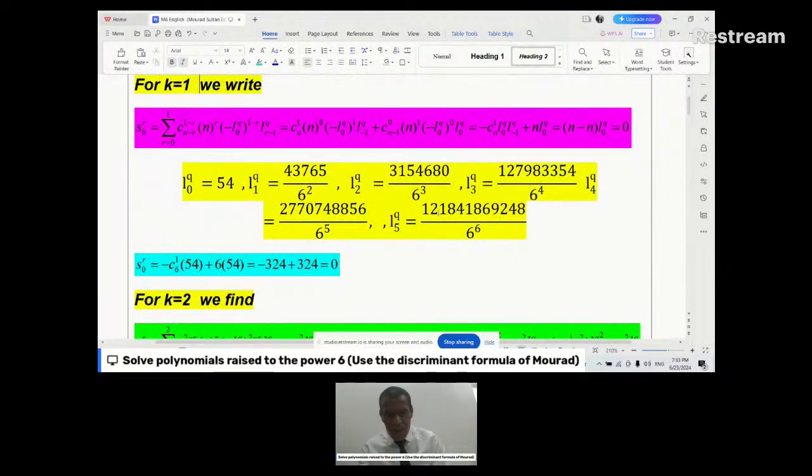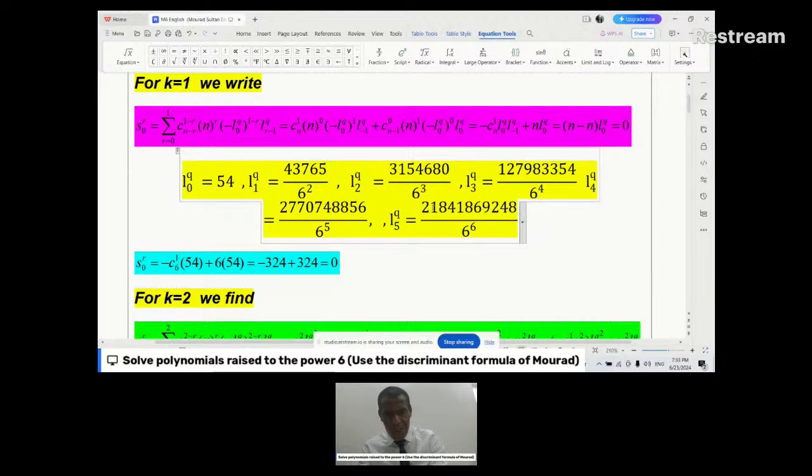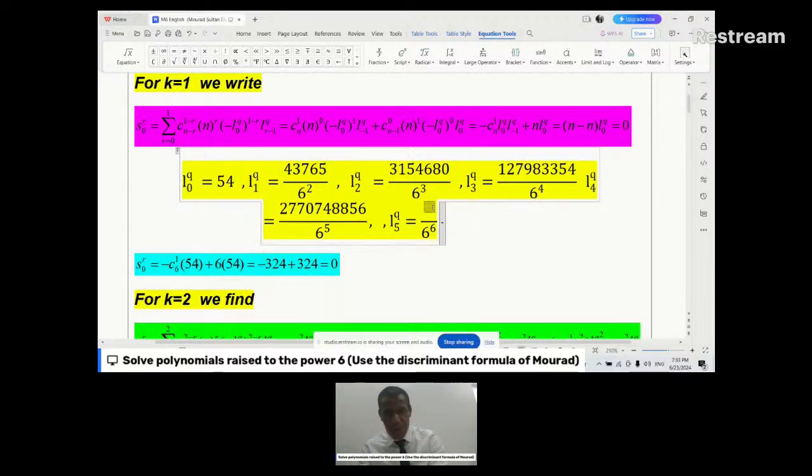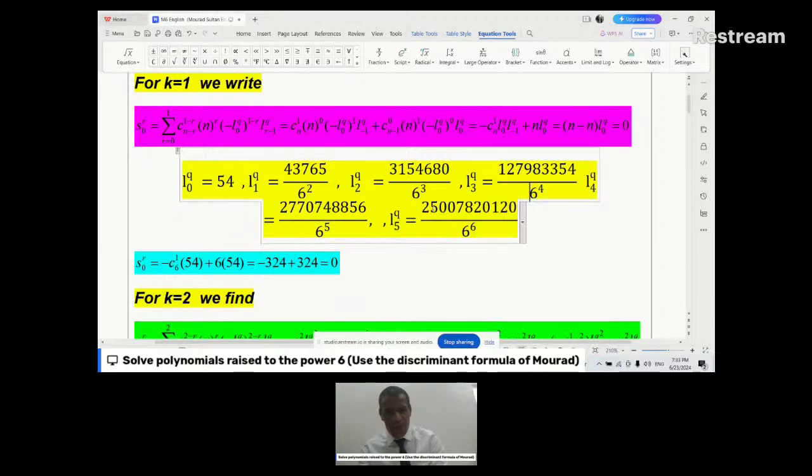So now, learners, we calculated S minus 1, S0, S1, S2, S3, S4, S5.